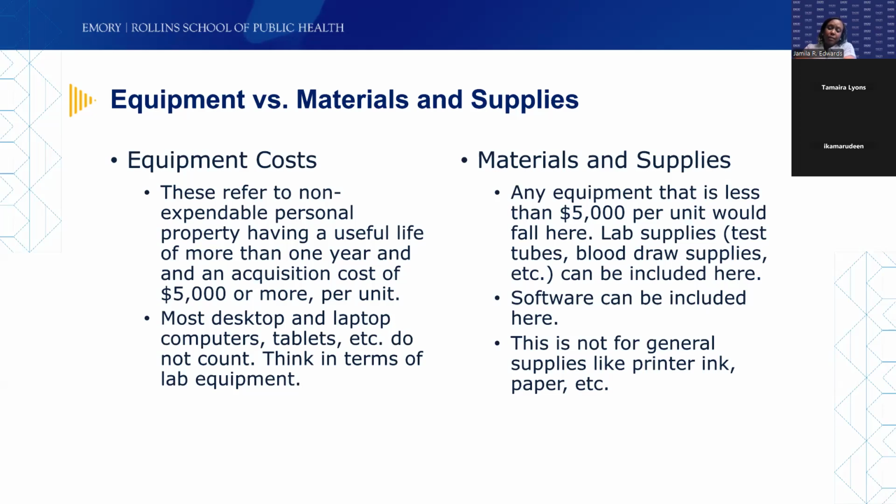The other thing is that people sometimes don't understand, even now, that general supplies are not material and supply costs for a grant. It takes a lot to justify something like paper being charged to a grant because those are the things that fall under indirect costs, facilities and administrative costs, right?